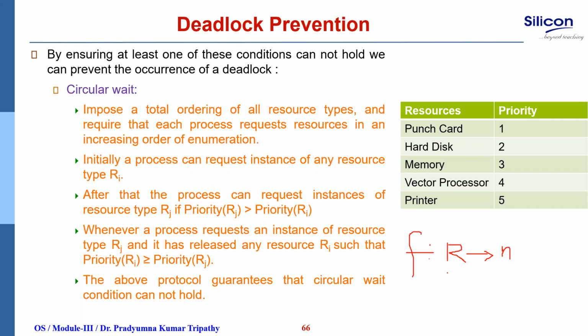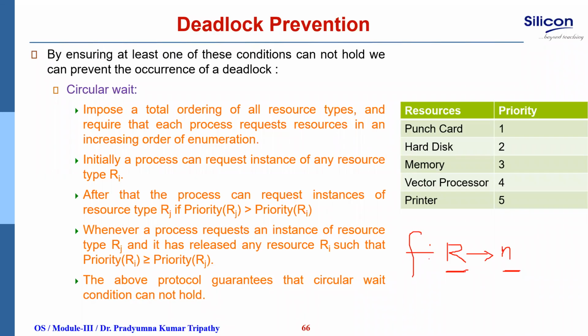That means resource hard disk, suppose 2, memory 3, printer 5, like that. So a resource assigned with a number, we can think of that number as a priority value assigned to each of the resources. Is it understood? We will assign a priority value to each of the resources.